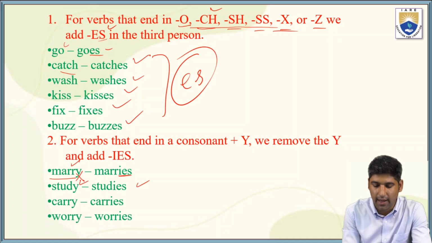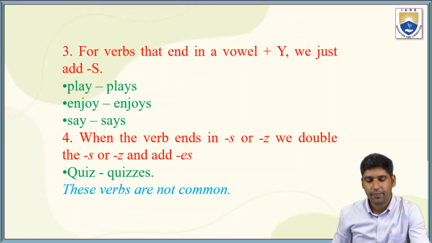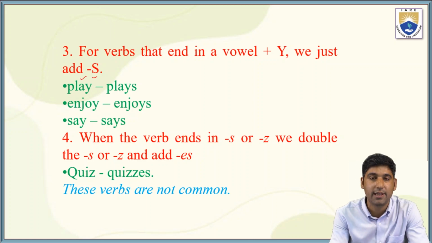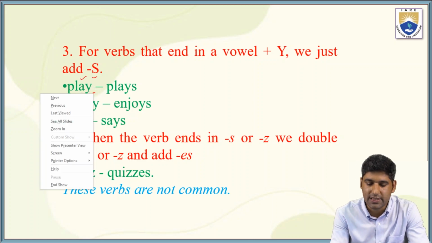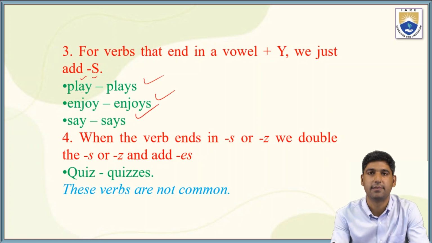Study, studies. Carry, carries. Worry, worries. Then, for the verbs that end in a vowel plus y, see, a is a vowel then y, so we simply add s at the end. Play, plays. Enjoy, enjoys. Say, says.